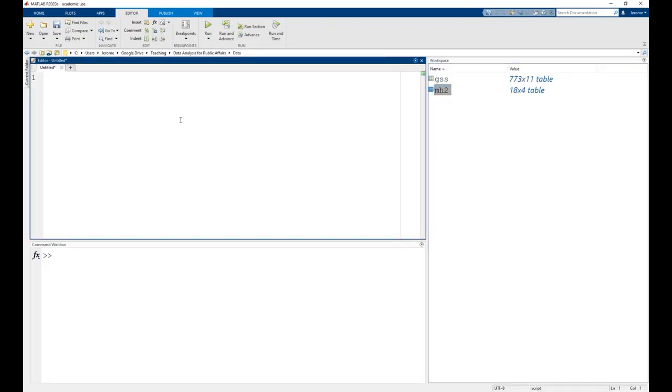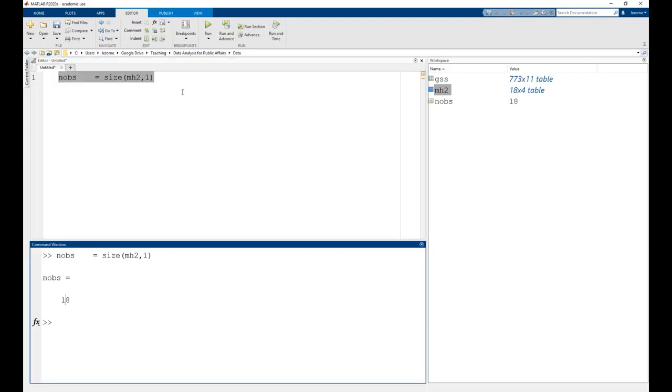In the first step, I am going to determine the number of observations, using nobs as the variable name, and I type in size(mh2, 1), and that will give me the number of observations. The number of observations is 18.